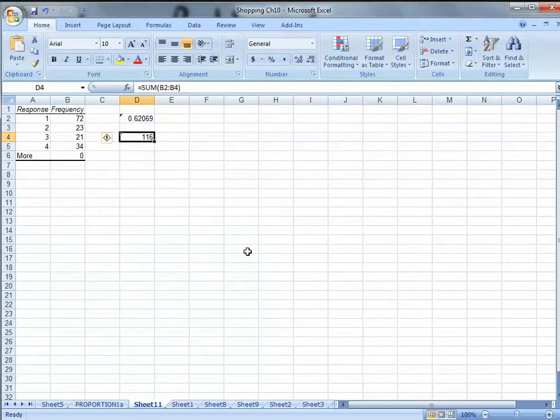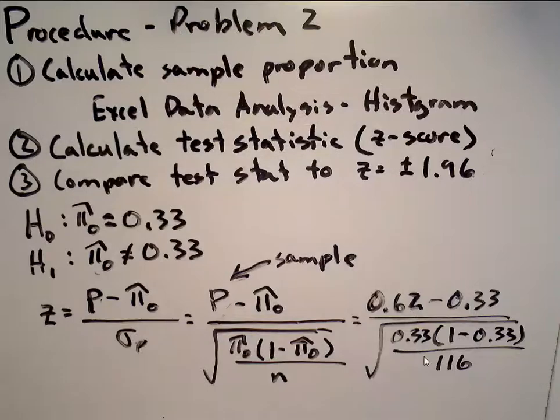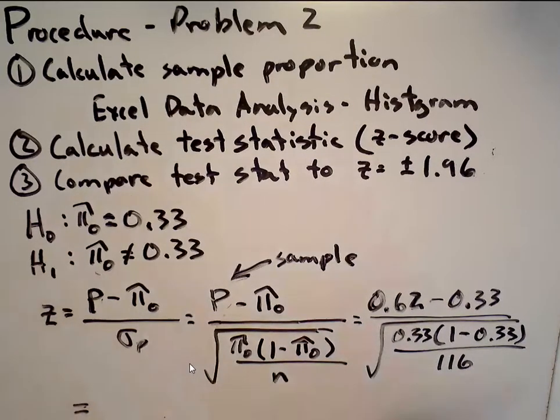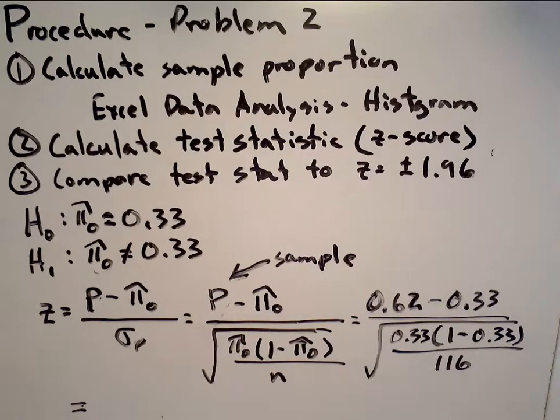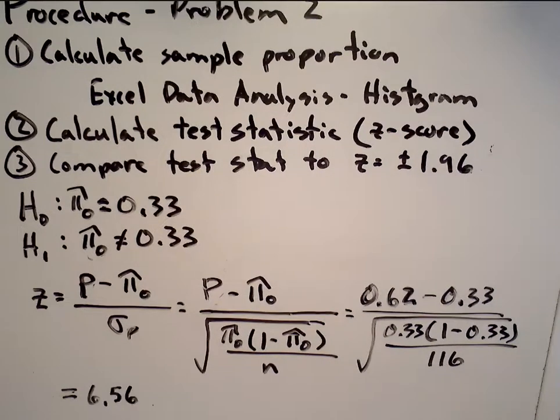Yep, 116 values. All right. Now, if I do this math, which I've already done, but I somehow deleted, let me run this again. Our test statistic turns out to be 6.56.